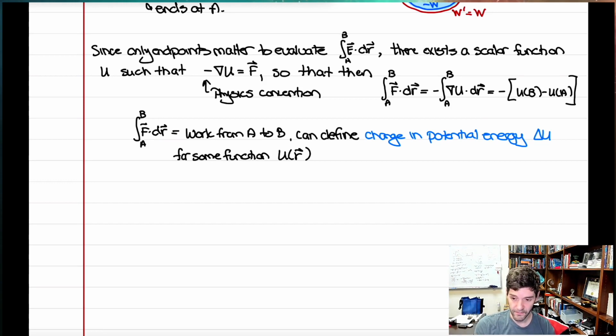It's not a vector, but you might need knowledge of your position in order to evaluate it.